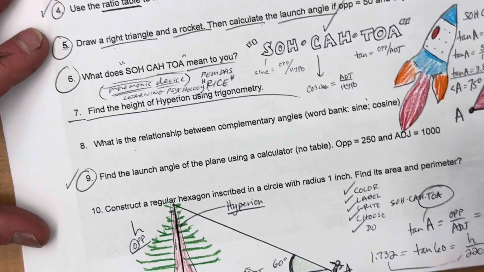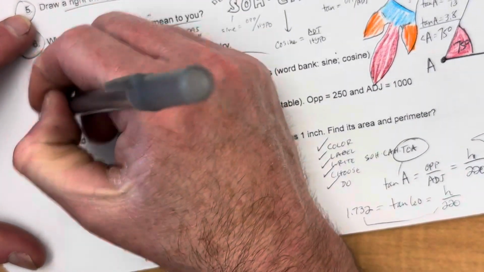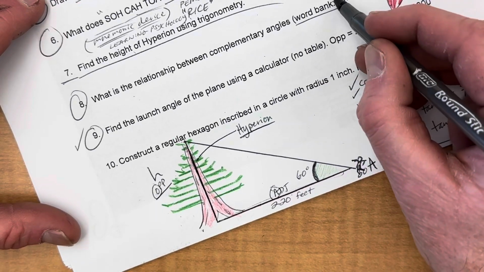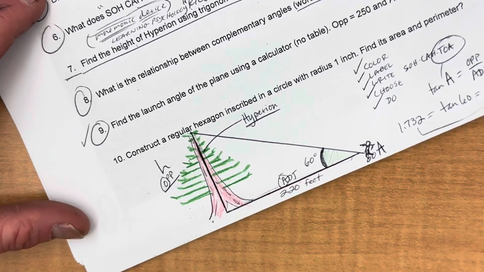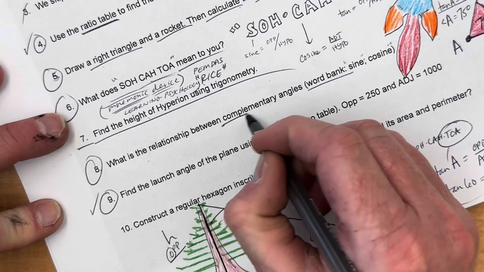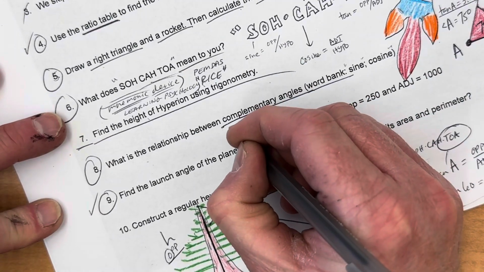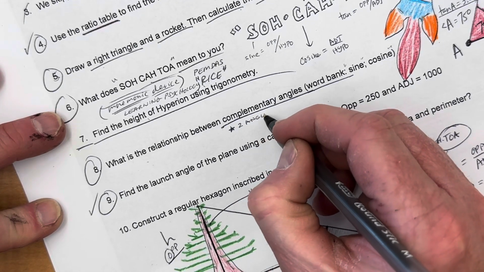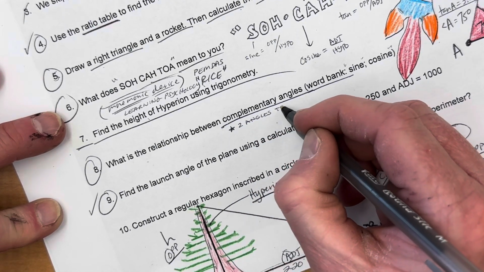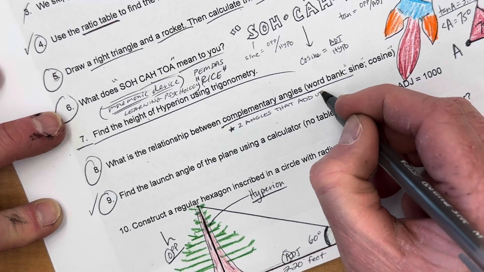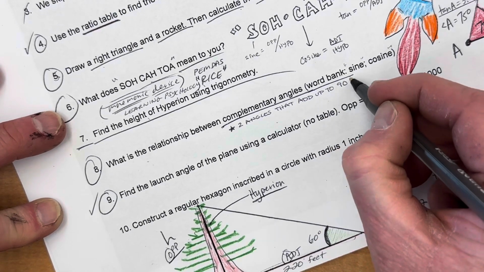What is the relationship between complementary angles? You got to use this word bank: sine and cosine. All right, so you need to know 2 things about complementary angles. Complementary angles are two angles that add up to 90 degrees.